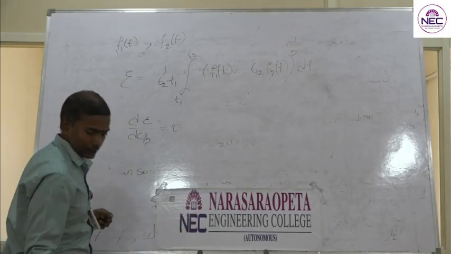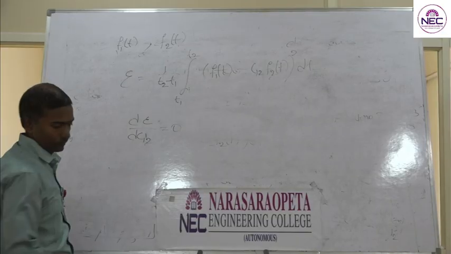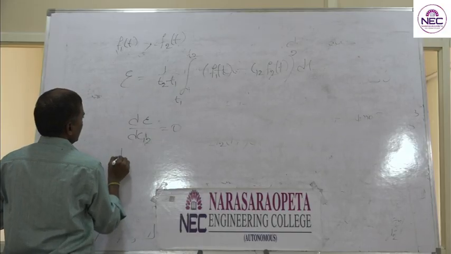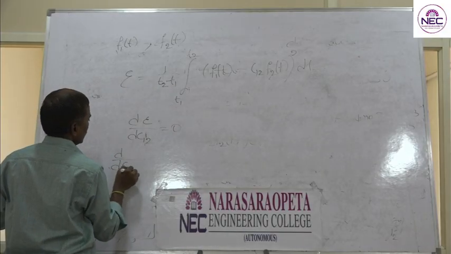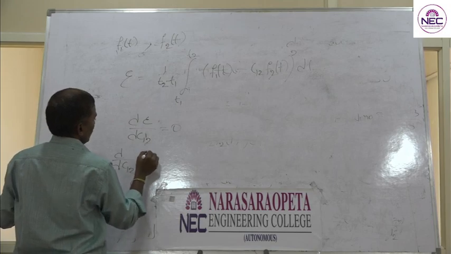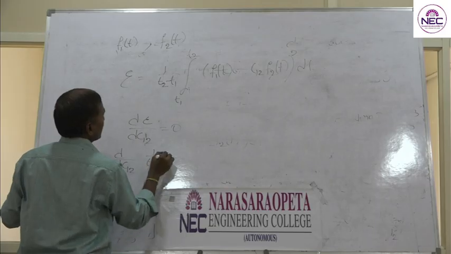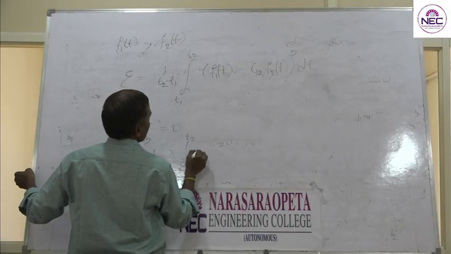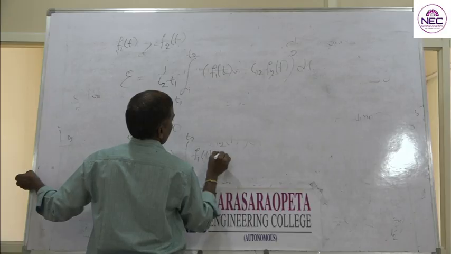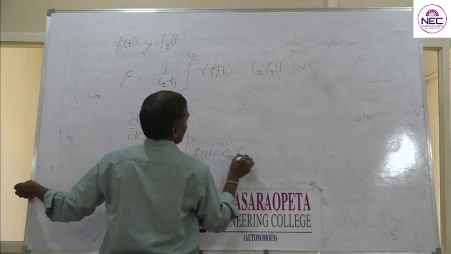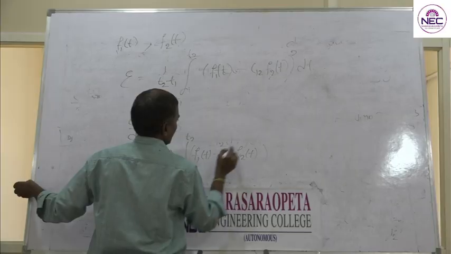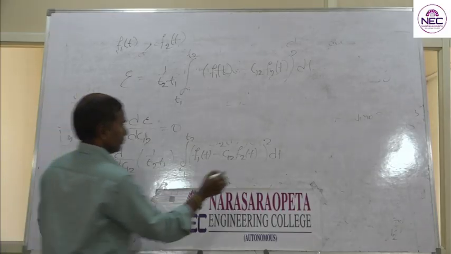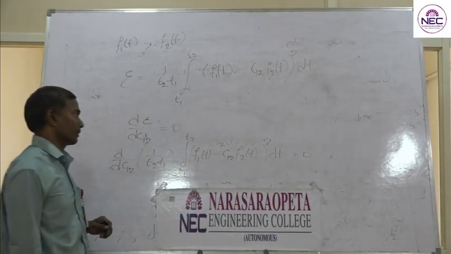So if we perform this: d by d C12 of 1 by t2 minus t1, integral t1 to t2, f1 of t minus c12 f2 of t, whole square, dt, and make it equal to 0.